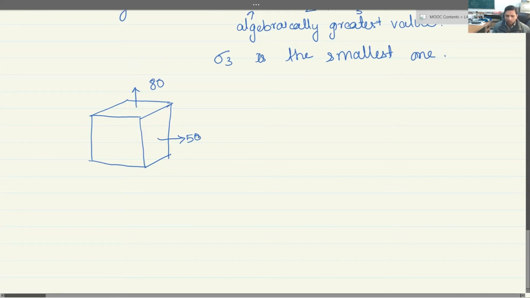So what will be the value of sigma 1? Yes, this is the sigma 1 value. So sigma 1 is equal to 80. What is sigma 2? Sigma 2 is 50. And what about sigma 3? Is there any sigma 3? Yes, there is indeed, because the value here is 0. So the stress acting in this direction is 0. So that is the value of sigma 3, equal to 0.